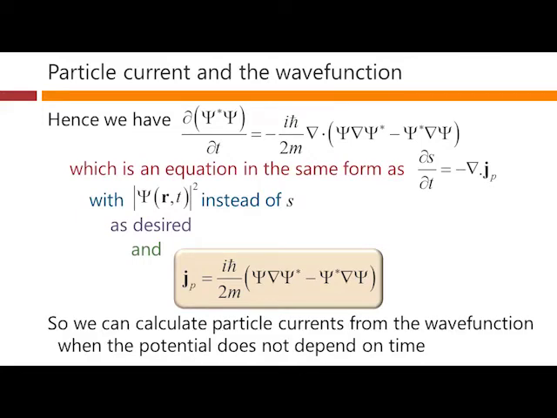So now, if we know the wave function, we can calculate particle currents in situations where the potential does not depend on time, but that covers a very large range of situations. So solely working from this analogy with classical systems and working with our Schrödinger wave equation and our wave functions, we now have an expression that allows us to calculate particle current densities.